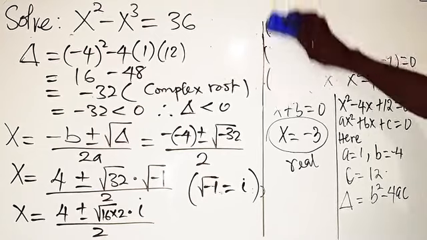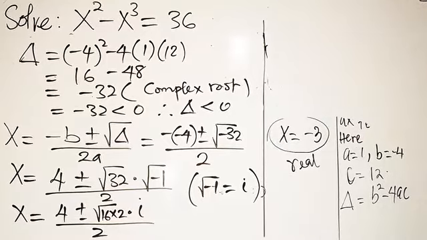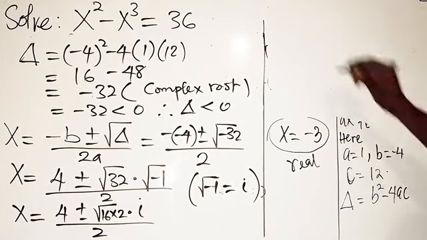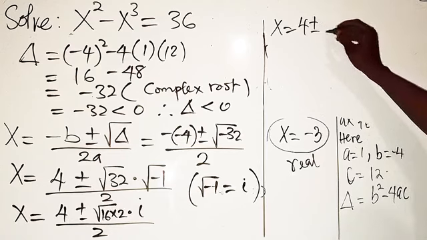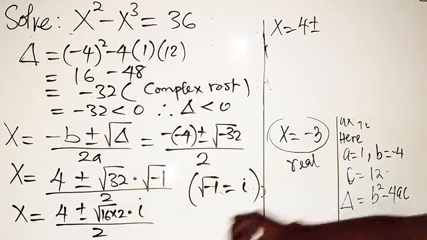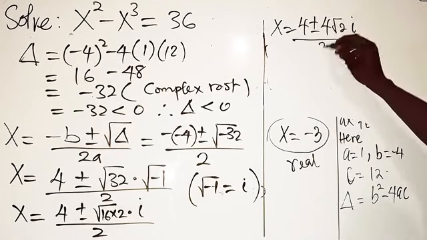We are going to have x equals 4 plus or minus, the square root of 16 is 4, root 2 i over 2.